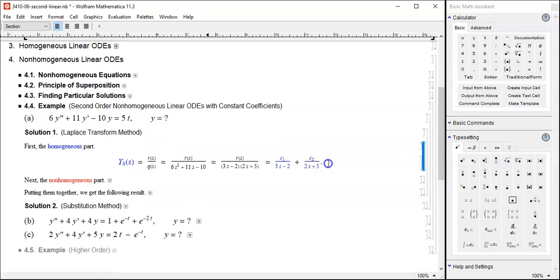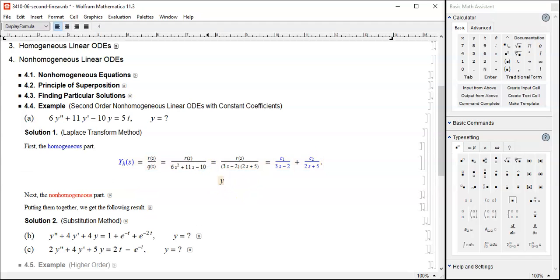The homogeneous part, this is something we had been doing in chapter 2 time and time again. Capital YH of S is R over Q, and factor Q, the denominator, and decompose it by partial fraction. This is what we get. And then what if you take the Laplace inversion?